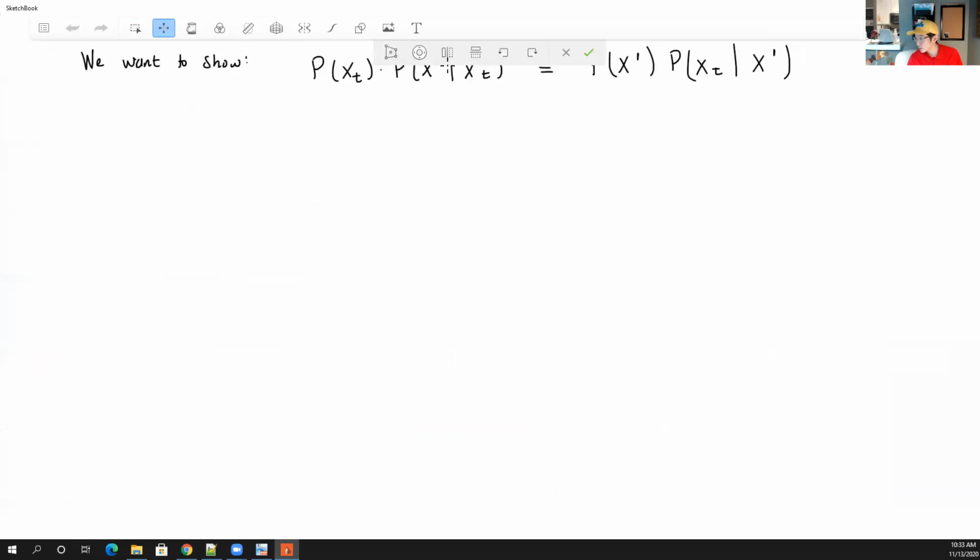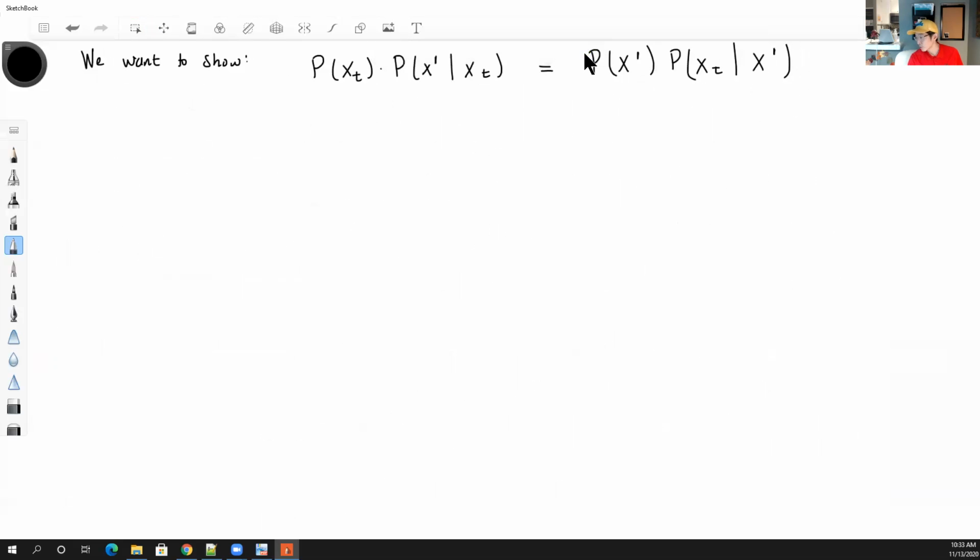All right, so this is what we want to show, other than the trivial case. Over here, I've got the probability of x at time t, and this thing, I'll copy it down, of x prime given xt.